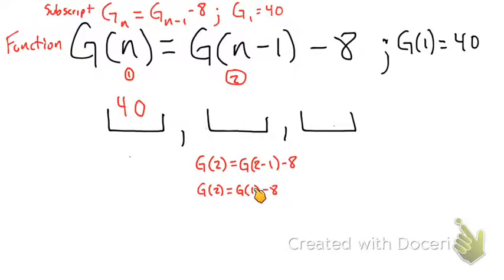It's saying, hey, in order to complete this math, we need the first term in our function. So if you look, it's right here, 40, and we already put it in our sequence. So the first term in our function is going to be 40. Bring down the negative 8.